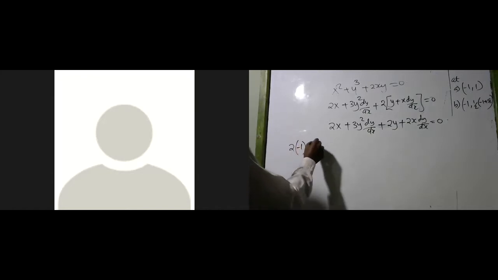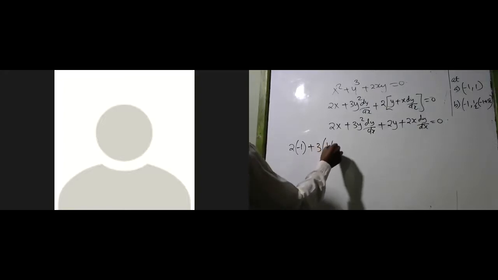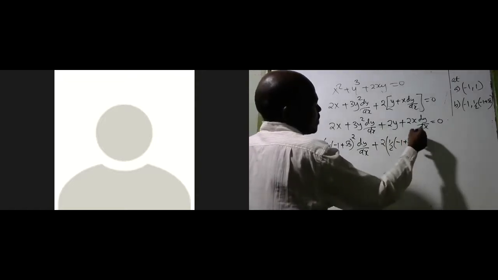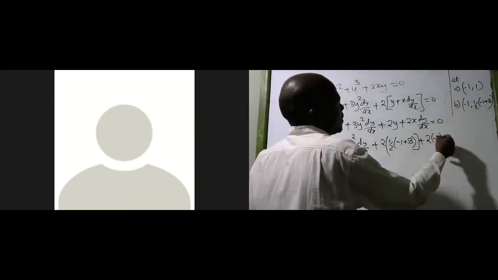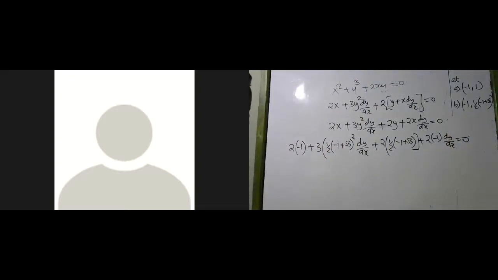We are going to have now 2 minus 1, then positive 3, y is a half, -1 plus √5, then squared, then dy/dx, positive 2, then you have a half, then minus 1 plus root 5, then positive 2 minus 1, then dy/dx is equal to 0, like that. And of course this is just minus 2 there.